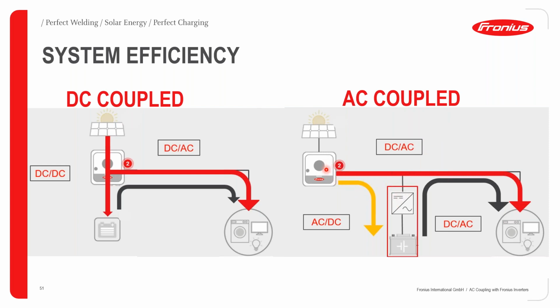So first up, it's the DC to AC from the PV to the load, and then we have the AC to DC, sorry. So AC being converted to DC via the battery inverter, and then of course the DC to AC. That is while converting the energy stored in the battery for later use by the load line.